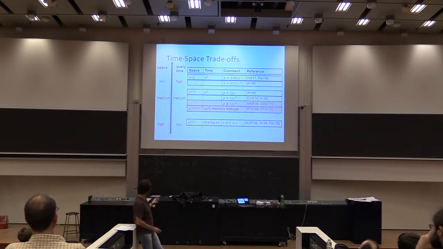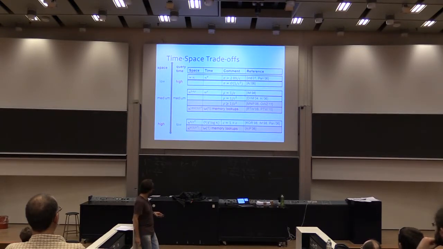Of course we would like to prove that this kind of space requires query time which is polynomial in n, but we are at the moment very far from that. Another interesting regime where cell-probe lower bounds have been proven is where the space is large and the query time is really small.